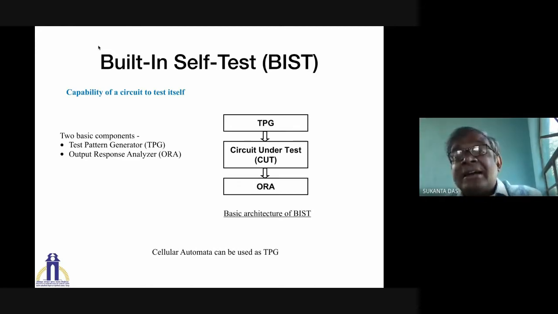Interestingly, once it's manufactured, TPG or ORA, this BIST circuitry, they are permanent. When you purchase any electronic circuit, be it your mobile phone, be it your smartphone, be it anything actually, you can always find a small circuitry inside your system, and they are always testing your circuit.